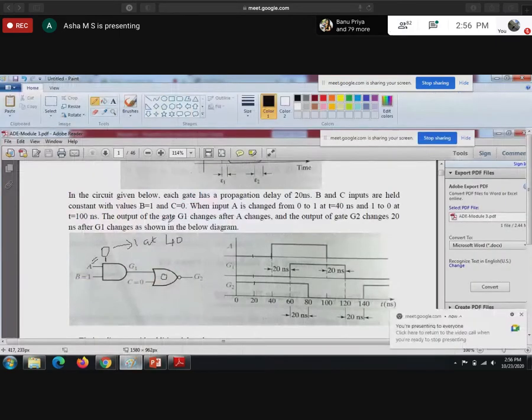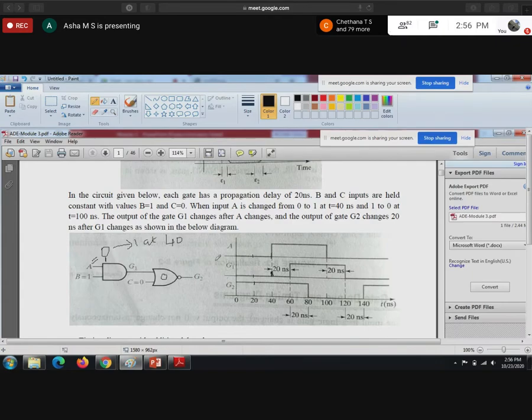Output of G1 will be changed after the delay. At 40 nanoseconds, A changed from 0 to 1, but G1 is not going to change immediately. G1 will be changed after 20 nanoseconds, because this 20 nanoseconds is your propagation delay.